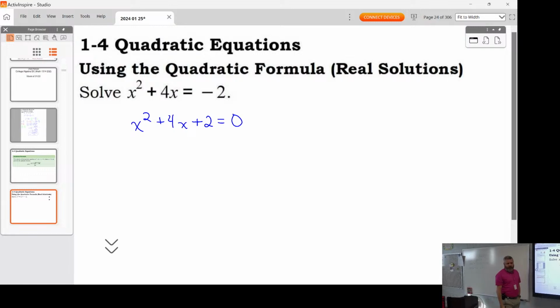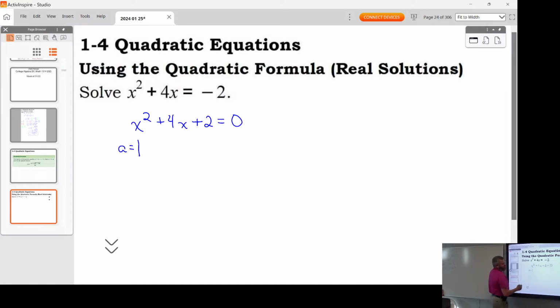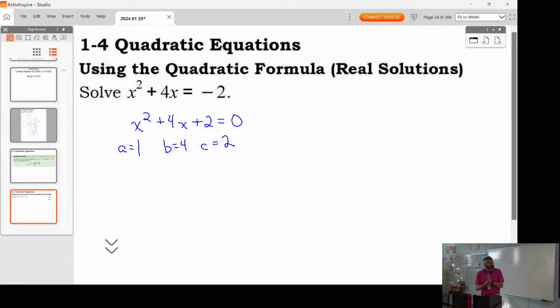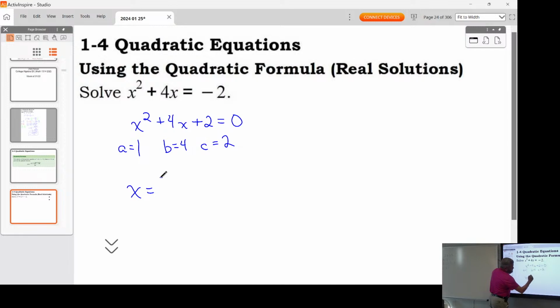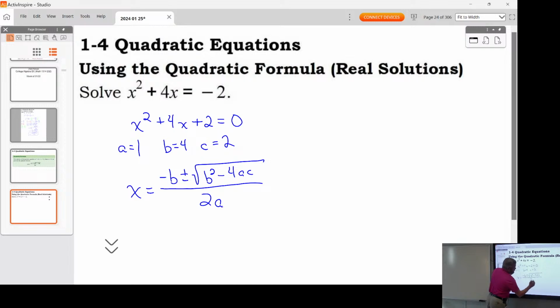To use the quadratic formula, we have to identify our a, b, and c. A is? 1. B is 4. C is 2. A, B, and C are the coefficients. Okay? So we have the quadratic formula. X is equal to negative b plus or minus the square root of b squared minus 4ac over 2a.